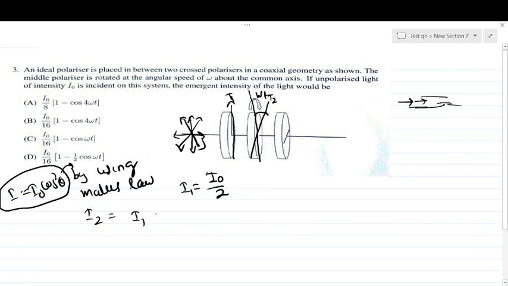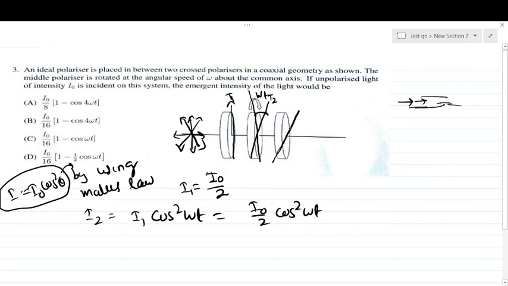I2 is equal to I1 cos square omega t, and that is I naught by 2 cos square omega t. And then again the transmission axis of the last polarizer is horizontal.